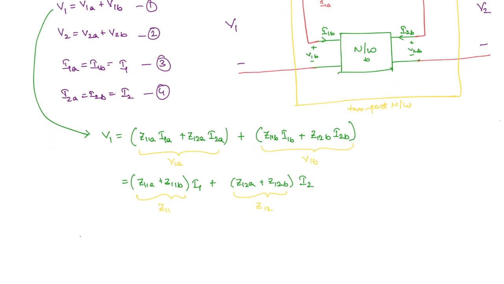Similarly, V2 also you are going to get Z21A plus Z21B into I1 plus Z22A plus Z22B into I2. Similarly, I am writing the final result.